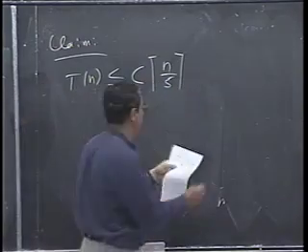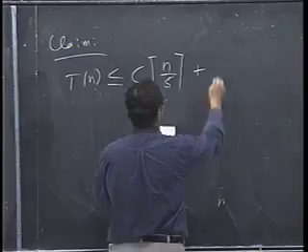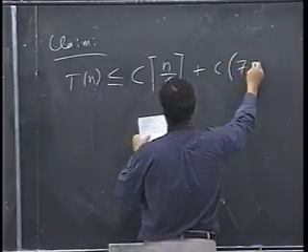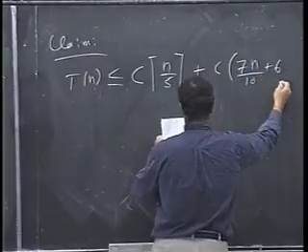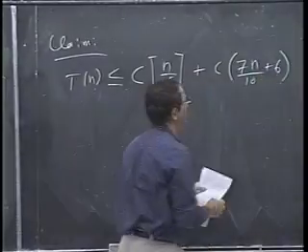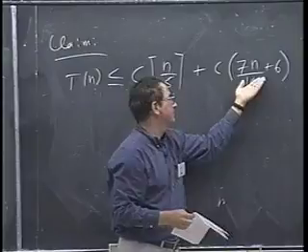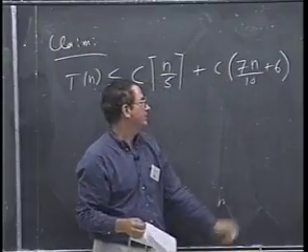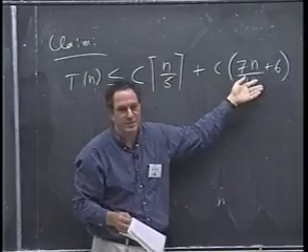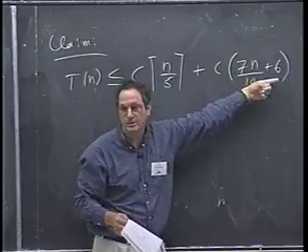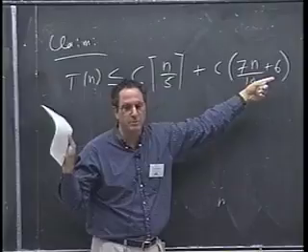So just put that in there. 7n over 10, let me just carry along the 6. We were saying the size of A that we're recursing on is at most 7n over 10, so certainly it's less than or equal to 7n over 10 plus 6. Now I'm being consistent with my notes, which is consistent with the book.